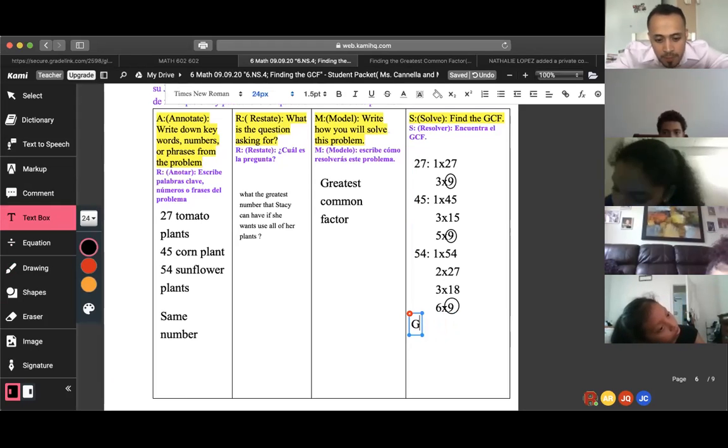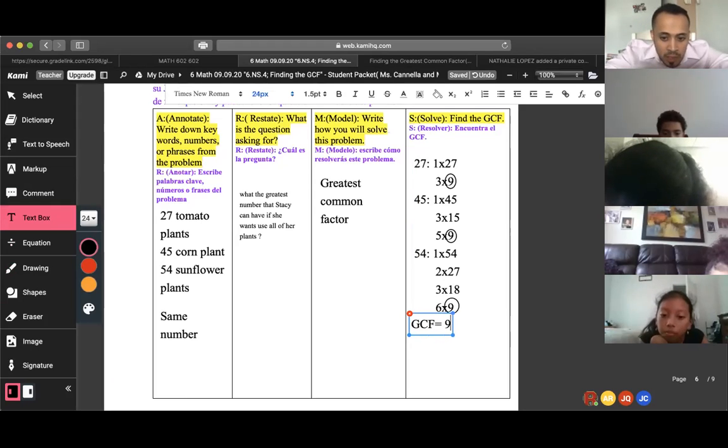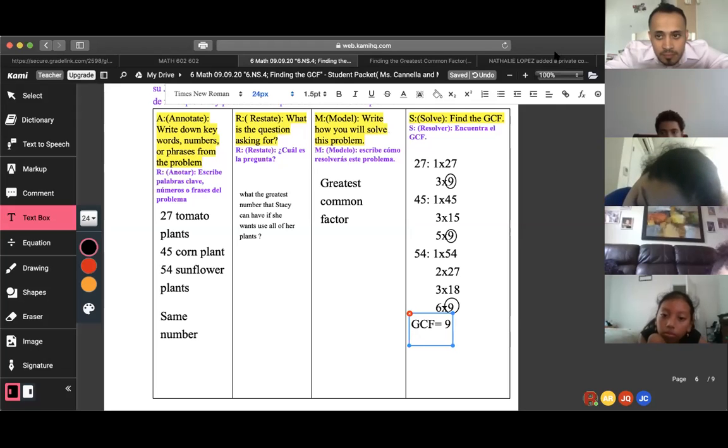GCF equals 9. That means that we need how many plants? We have 27 tomato plants. So 9 times what equals 27?